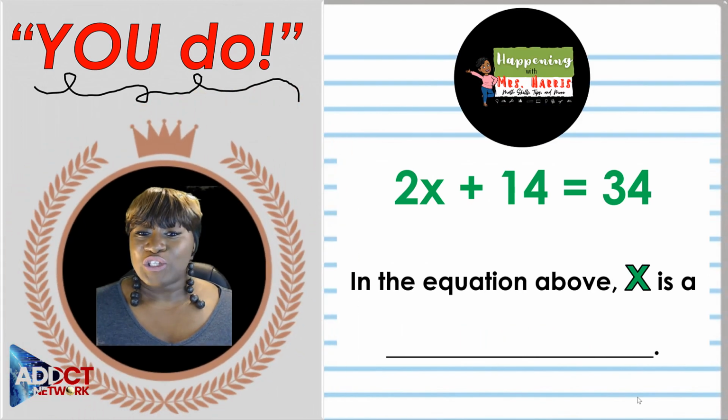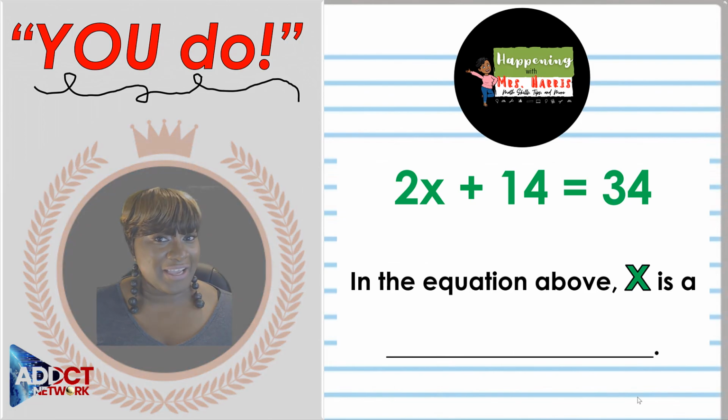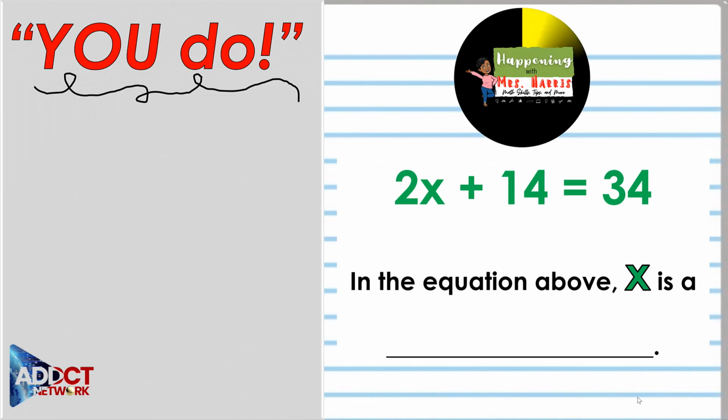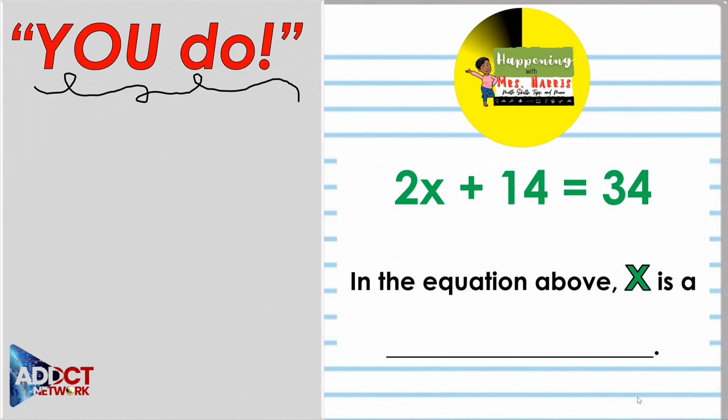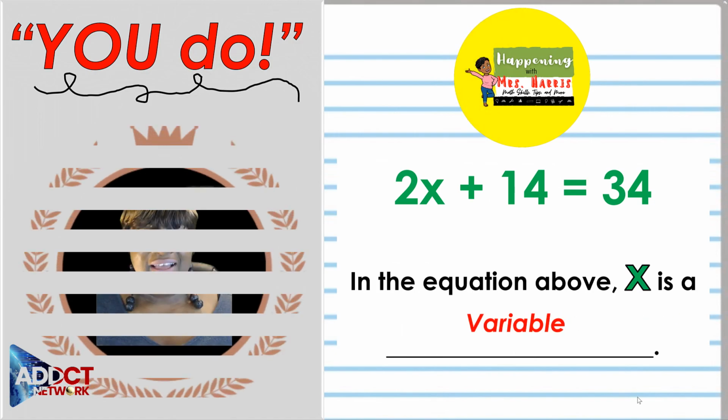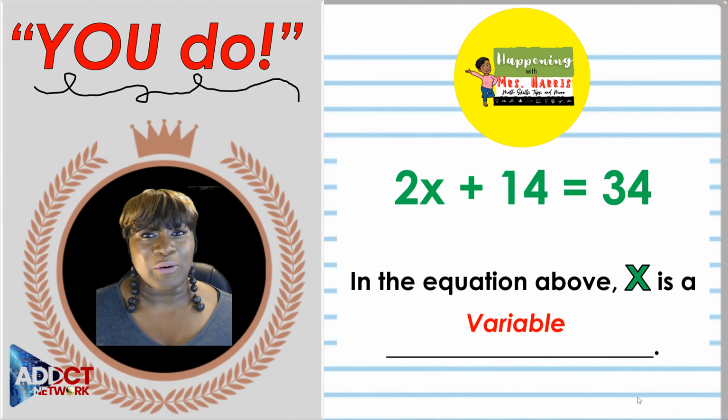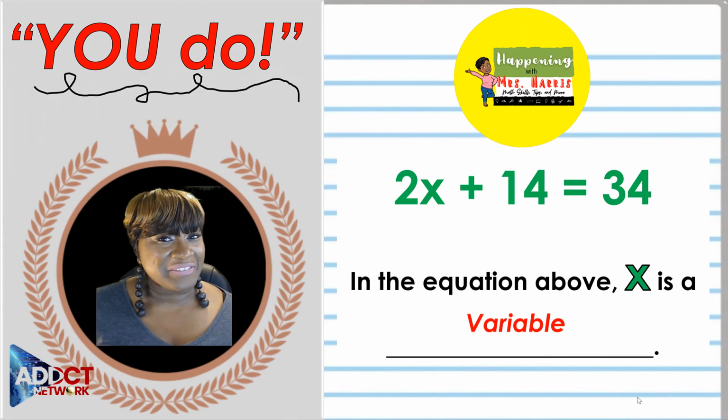Next question. 2x plus 14 equals 34. In the equation above, x is a... x is a variable. Awesome.